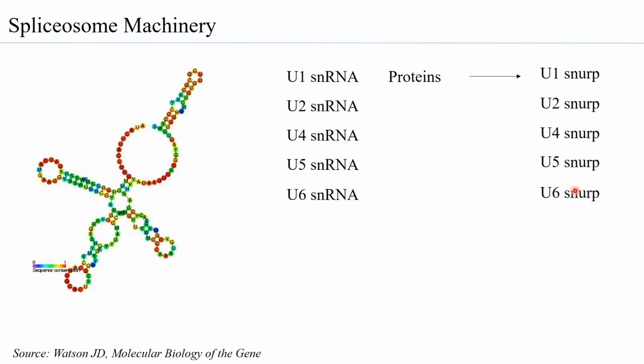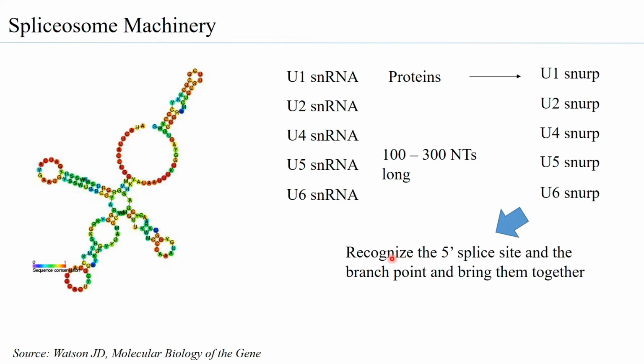ribonucleoproteins. Now these RNAs are found to be anywhere between 100 to 300 nucleotides long, not very long. And they are associated with these proteins to form these snRNPs. Now, how are these useful in the spliceosome machinery? They basically have three roles. One is that they recognize the 5' splice site and the branch point, which are both conserved regions of the intron.